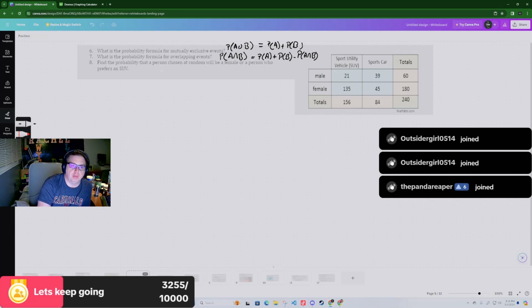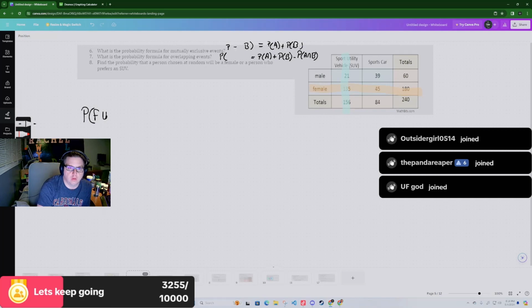So find the probability that a person chosen at random will be a female or a person who prefers an SUV. Oh, wow. That's interesting. Not that I was going for that, but I already talked about it. So we have sports utility vehicle and we have females. So what we are looking at is the probability of a female or, oops, I guess that should be an or as well, my bad.